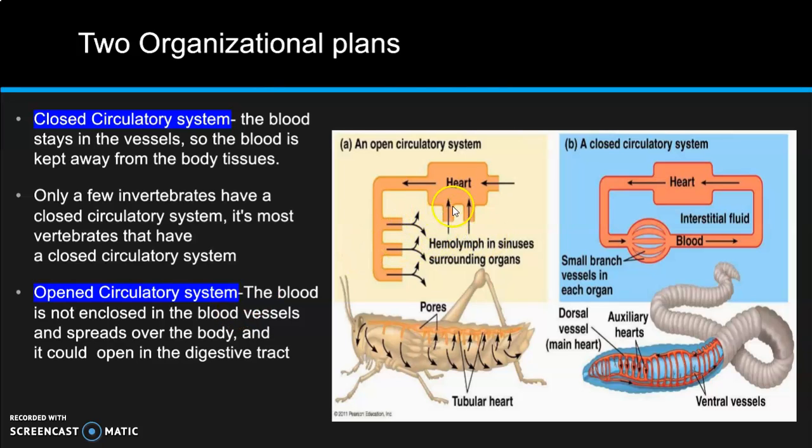You can see the blood comes out and opens into a digestive tract, like in this grasshopper. For the closed system, only a few invertebrates have it. It's most common in animals that have a backbone, like us. Remember, invertebrates are animals that don't have a backbone.